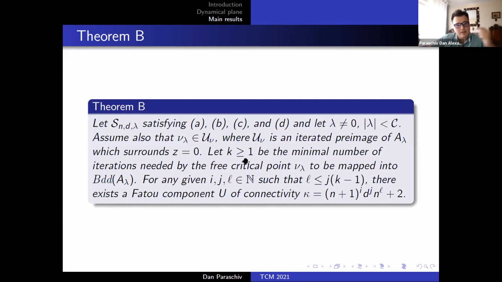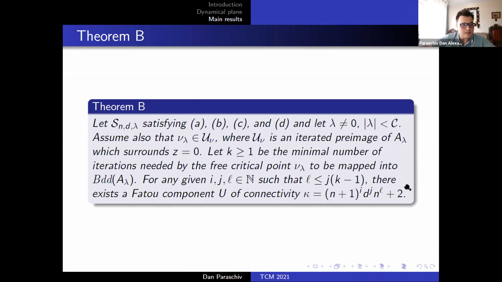Now, for any given i, j, l natural numbers, such that the exponent of n, l, is smaller or equal than the exponent of d multiplied by k minus 1, then there exists a Fatou component U of connectivity kappa equal to (n plus 1) to the power of i, d to the power of j, n to the power of l, plus 2.